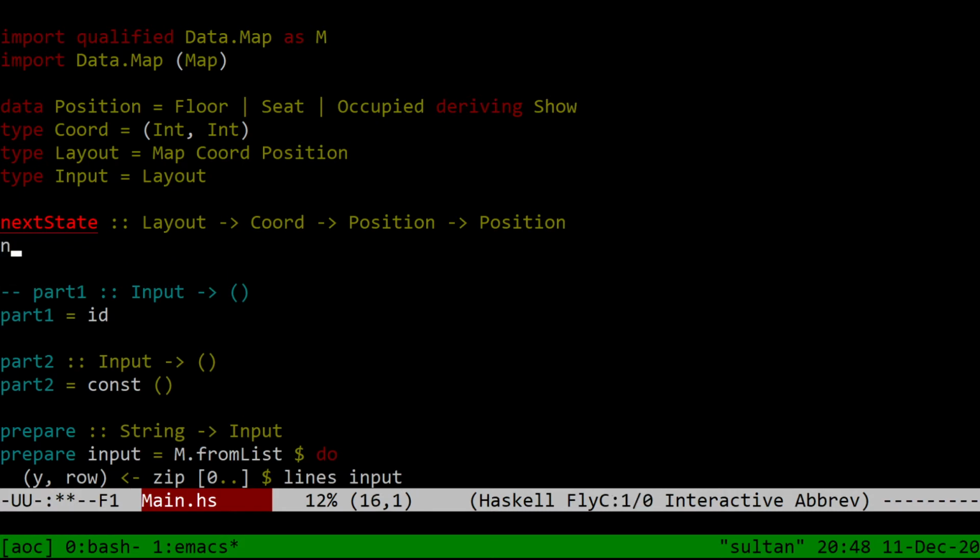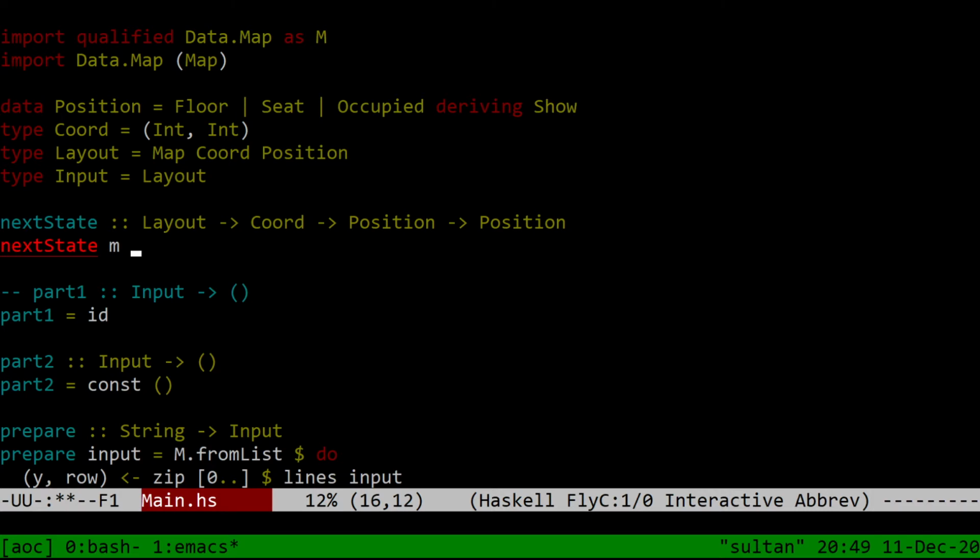Okay, so next state of G, L, I don't know, you'd never name a variable L because it looks like 1. G is fine, it's a map. Well, it's not a graph. I was saying G for grid, I guess? M is fine.